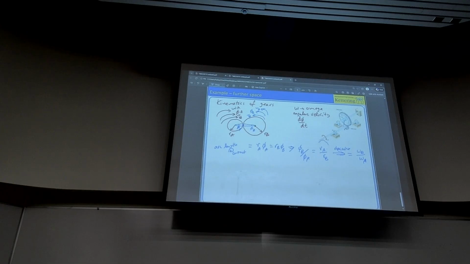This ratio of gears is simply referred to as the gear ratio. Which one is input, which one is output? That's the meaning of it.